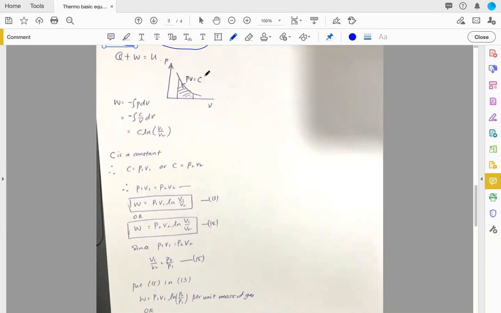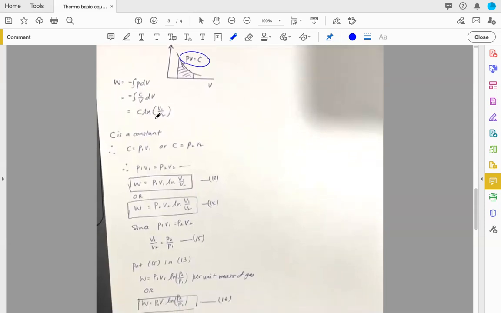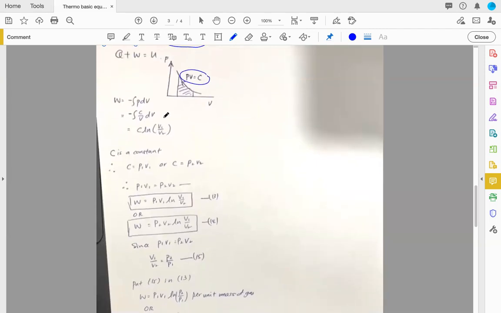Okay, so if you refer to this equation, we can replace P equals C over V. And if we do the integration, this is our work done. But you say, hey, doctor, you just mentioned delta V equals 0. Why do you want to play with so many things?